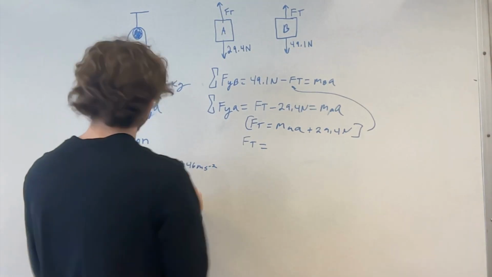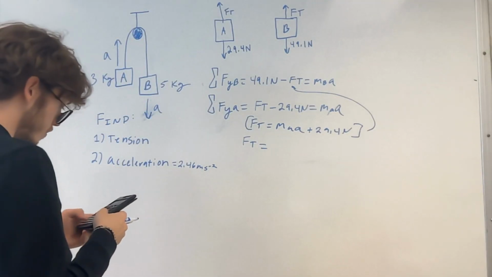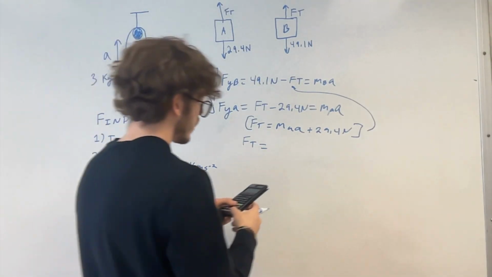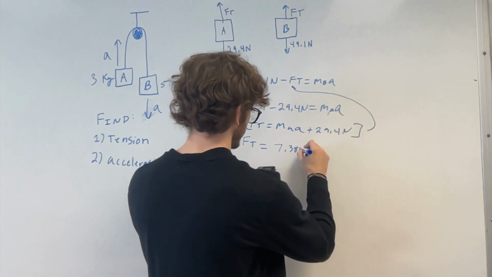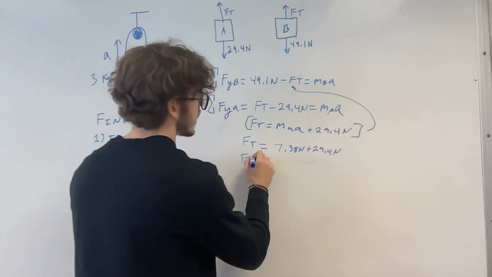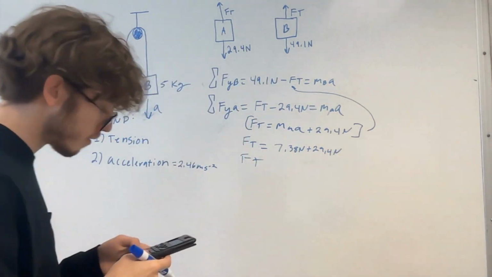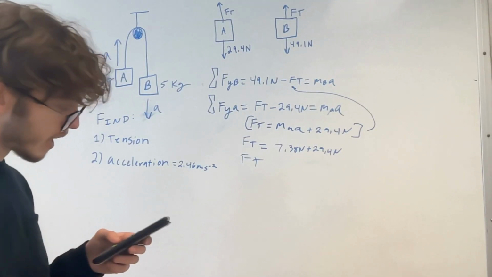We know mass of A to be 3 kilograms times acceleration, 2.46. That gives us a force of 7.38 newtons plus the 29.4 newtons. Force of tension here is going to equal 7.38 plus 29.4.